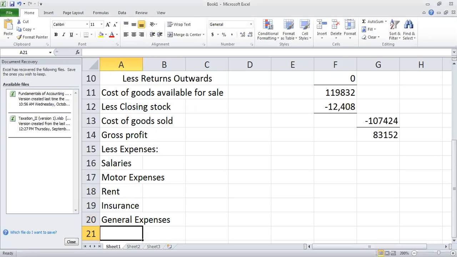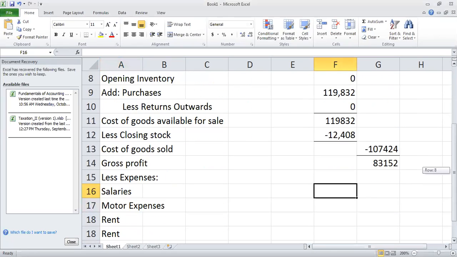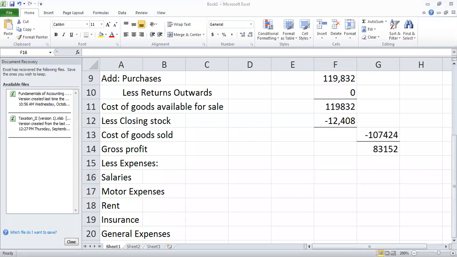We'll put in the figures now, in the second to last column. So salaries first. Salaries is 56,527. Motor expenses is $2,416.